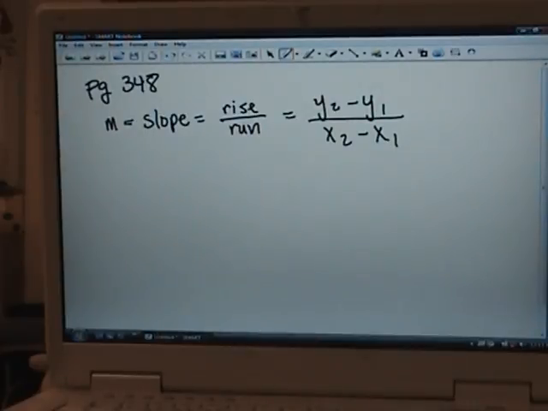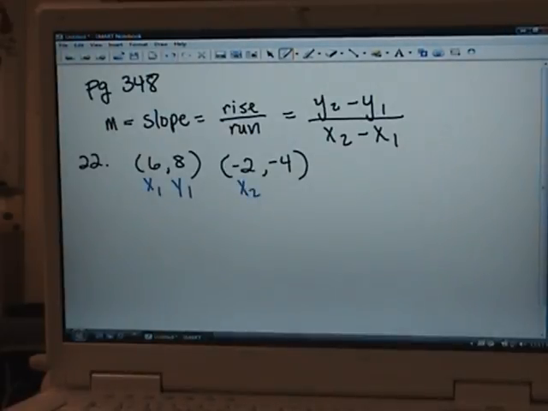Let's look at number 22. We have (6, 8), that is a point, and we have (-2, -4). Let's label the points: x1, y1, x2, y2.